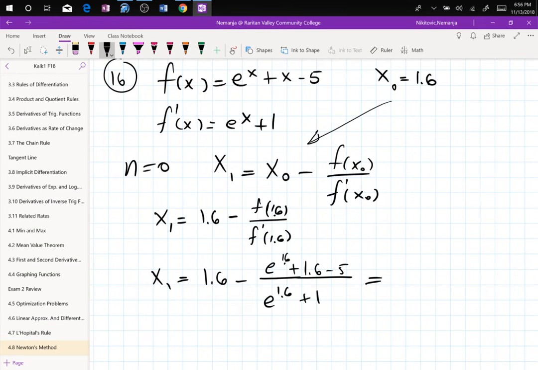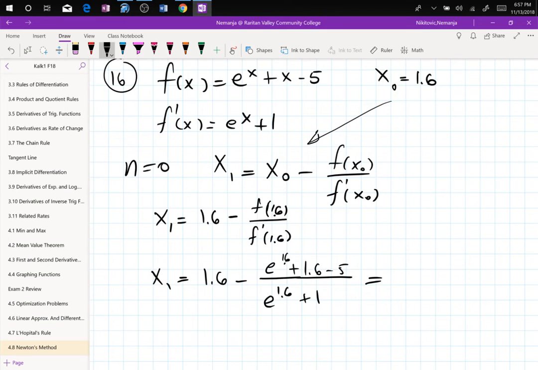So clear everything from the calculator. Let's go, everything in one shot. So 1.6 minus open parenthesis e raised to the 1.6 plus 1.6 minus 5 close parenthesis divided by open parenthesis e raised to 1.6 plus 1 close parenthesis, and that's it.